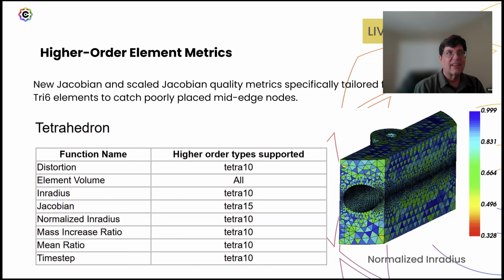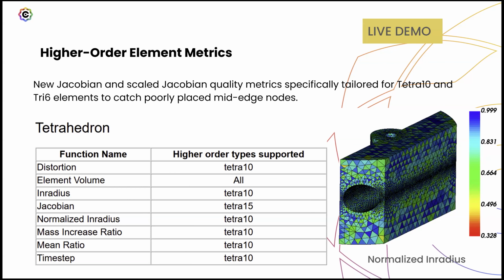Higher order element metrics. Sandia has been doing a lot with higher order tetrahedra, and as part of that, they've expanded the metrics that are available for both Tri-6 and Tet-10s.